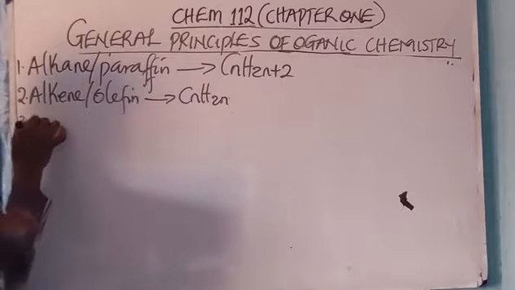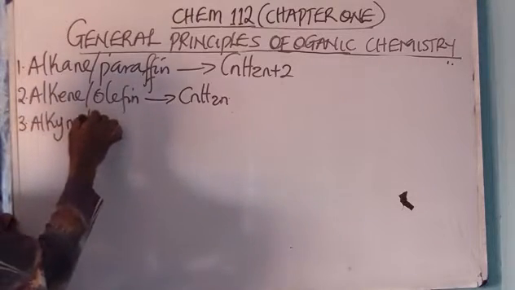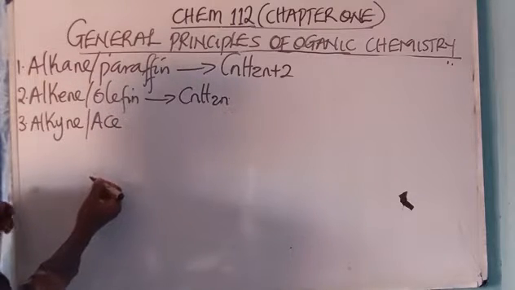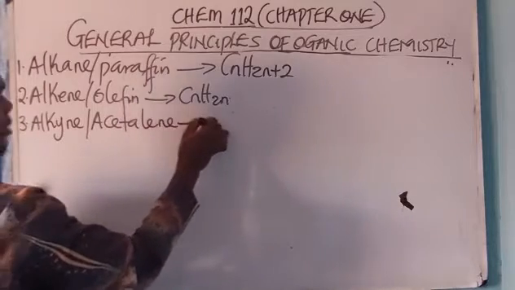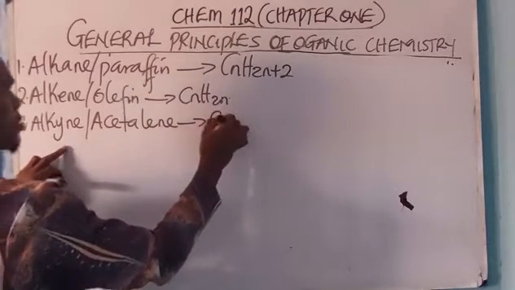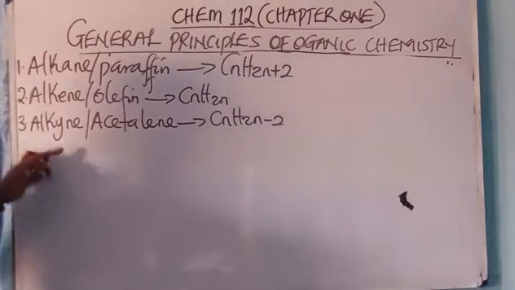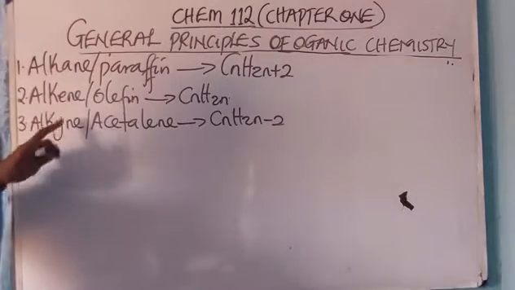Number 3, alkyne. Alkyne is otherwise called what? Acetylene. They have chemical formula CnH2n minus 2. Alright, so these are the first 3 groups of what? Homologous series. Single bond, double bond, and what?